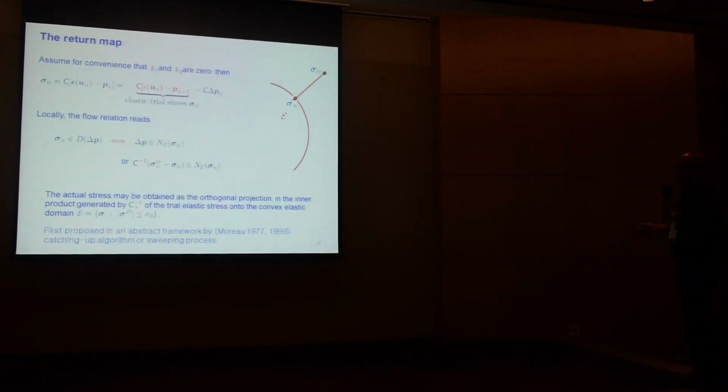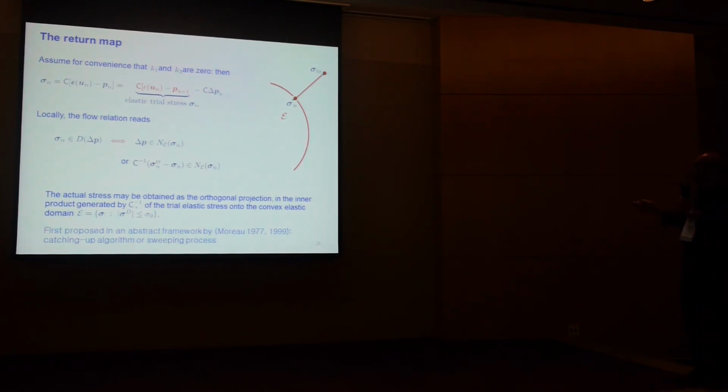And that is what we use in practice, because what we do is we say, all right, let's take the stress at time step n, and let me write it as the strain at time step n minus the plastic strain from the previous time step, and there's the increment. So I can think of this as a trial, what I would get if I didn't have a delta P for my next step.